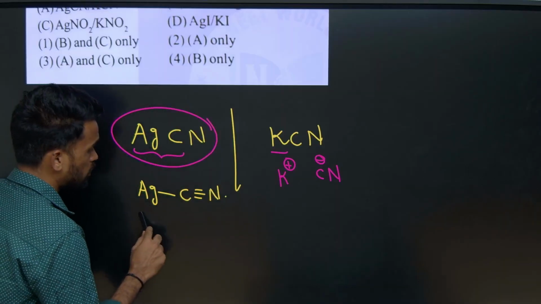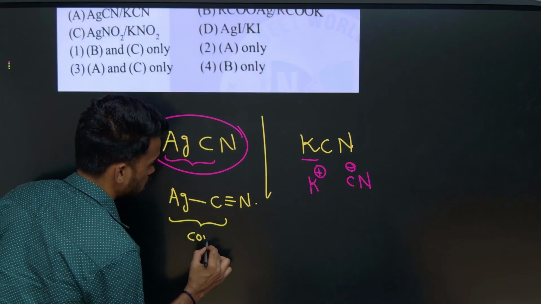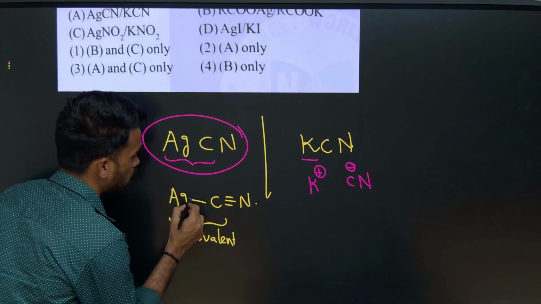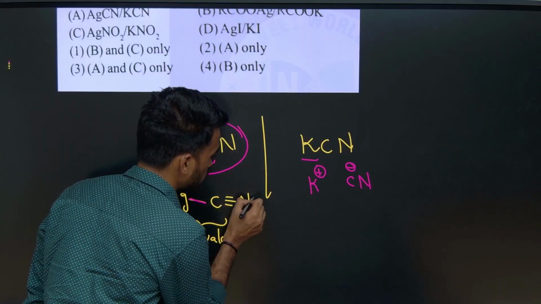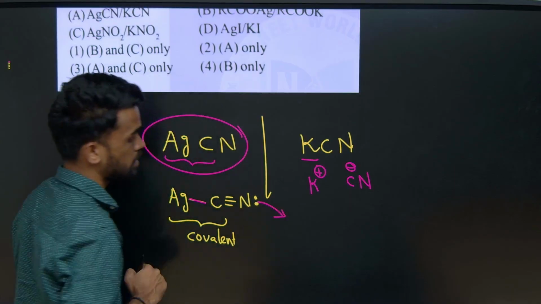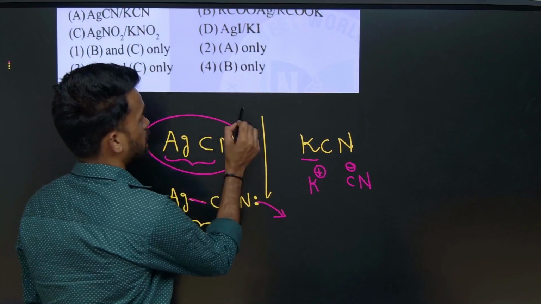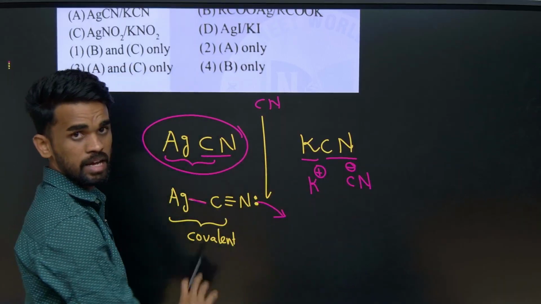So AgCN will have covalent nature. Therefore this bond is a covalent bond, I mean having more covalent character. Now the lone pair electrons present on this nitrogen can be donated. If I consider CN, cyanide is the common part in both of these reagents, right.